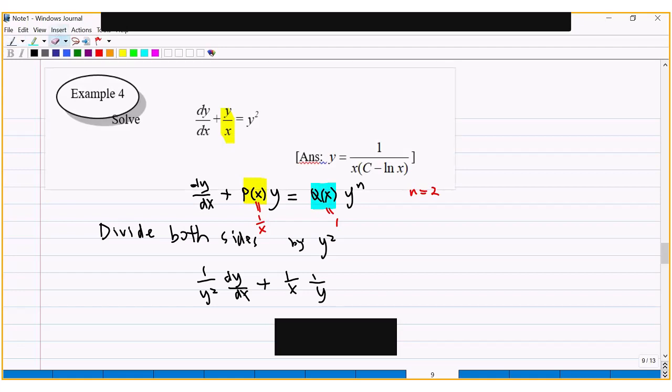Then left with 1 after dividing both sides by y squared. And what you're going to do is take this as my u here. So let u equal to y power minus 1.